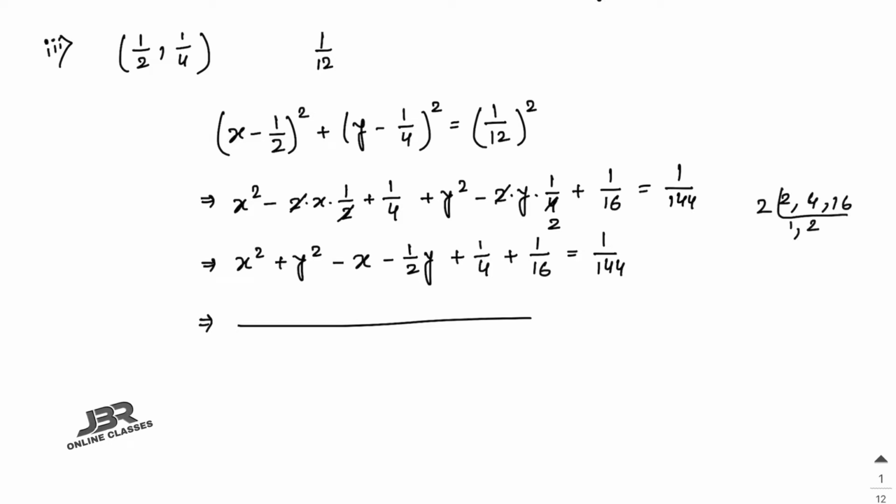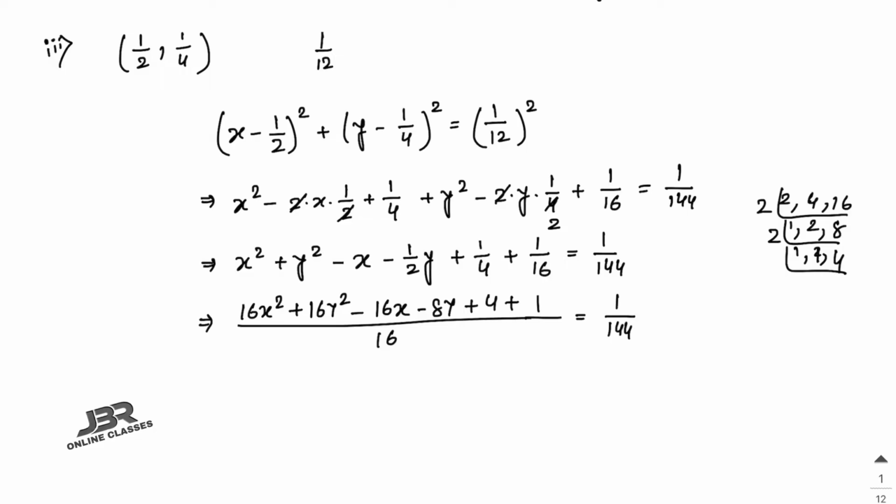So 2, 2, 8, then again 1, 2, 4. Again it's 4, 2, 8, 16. So that means 16x square, 16y square, minus 16x, then 8y, next one 4, equal to 1/144. So here 8, here it's 7, then 2, it's 9.